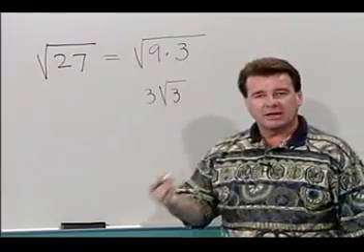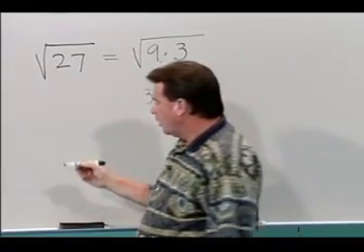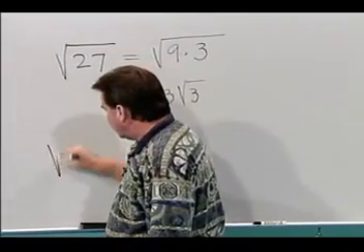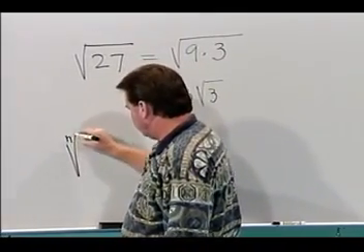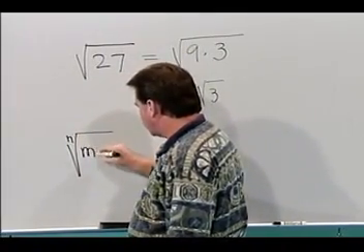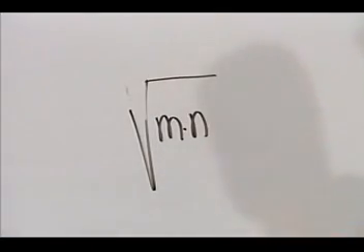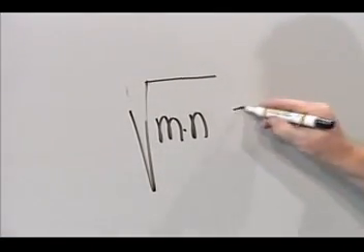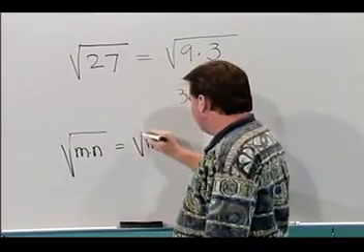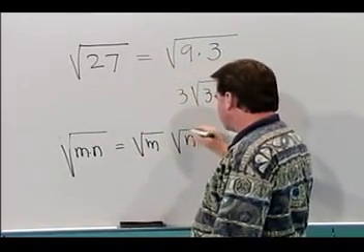Now, if we examine this closely, what we find is that if I take the nth root of m times n, in this case, I'm just going to work with the square root. So the square root of m times n is equal to the square root of m times the square root of n.